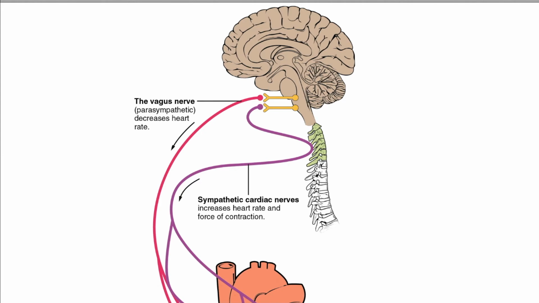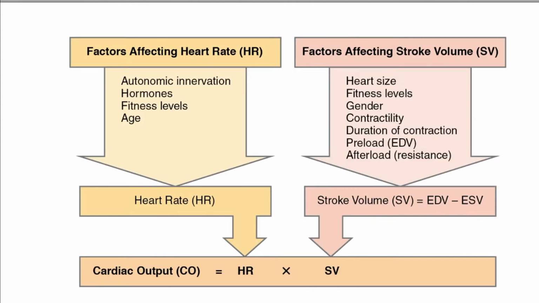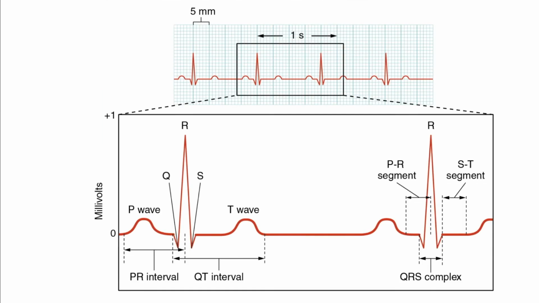Preload. Preload is another way of expressing end diastolic volume. Therefore, the greater the end diastolic volume is, the greater the preload is. One of the primary factors to consider is filling time, the duration of ventricular diastole during which filling occurs.